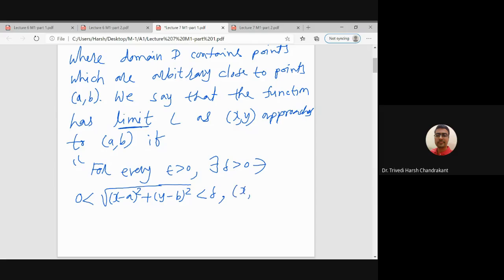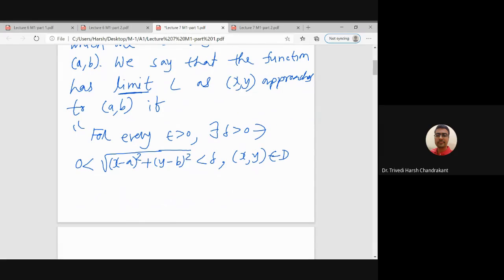And of course, our point should be in the domain. So whenever the distance of (x, y) and (a, b) is less than delta, that implies that the value of the function is as close to L as we like.